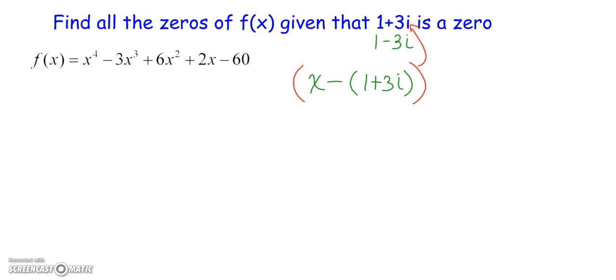That's tricky. Also, in this red set of parentheses, I'll use green here, 1 minus parentheses 1 minus 3i, sorry, this should have been an x minus parentheses 1 minus 3i.